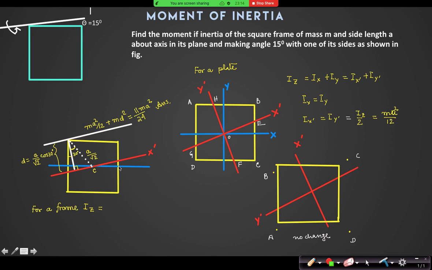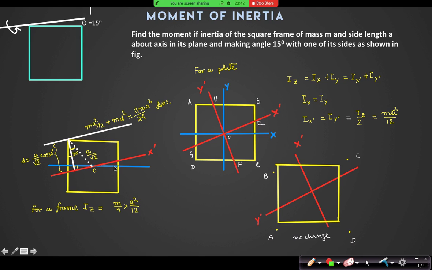So what about the moment of inertia of a rod perpendicular to this plane passing at the center? Sir, I'm getting ms square by 4. Okay, let me calculate. It is ml square by 12, ms square by 12 for each rod passing through the center. Yes or no?